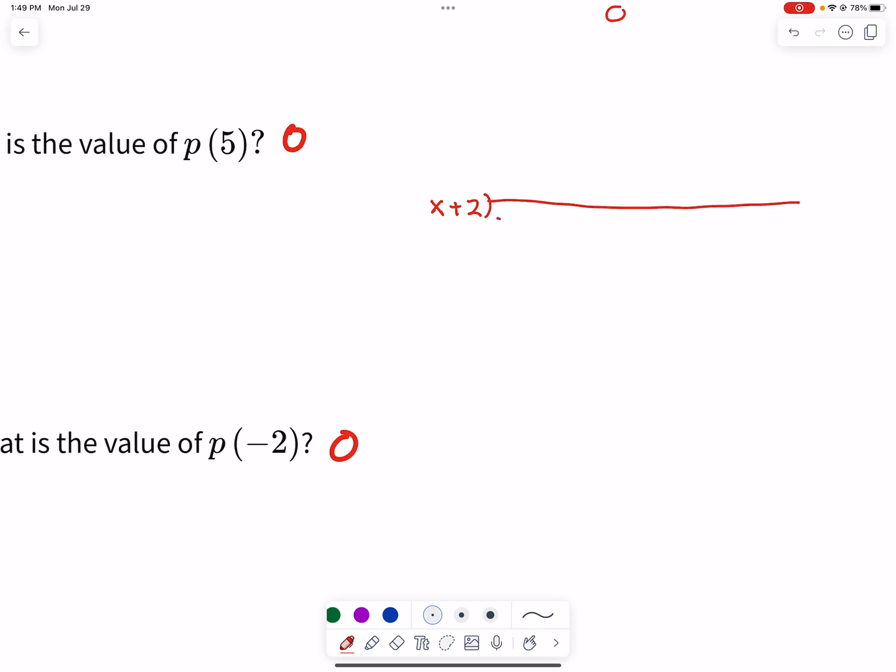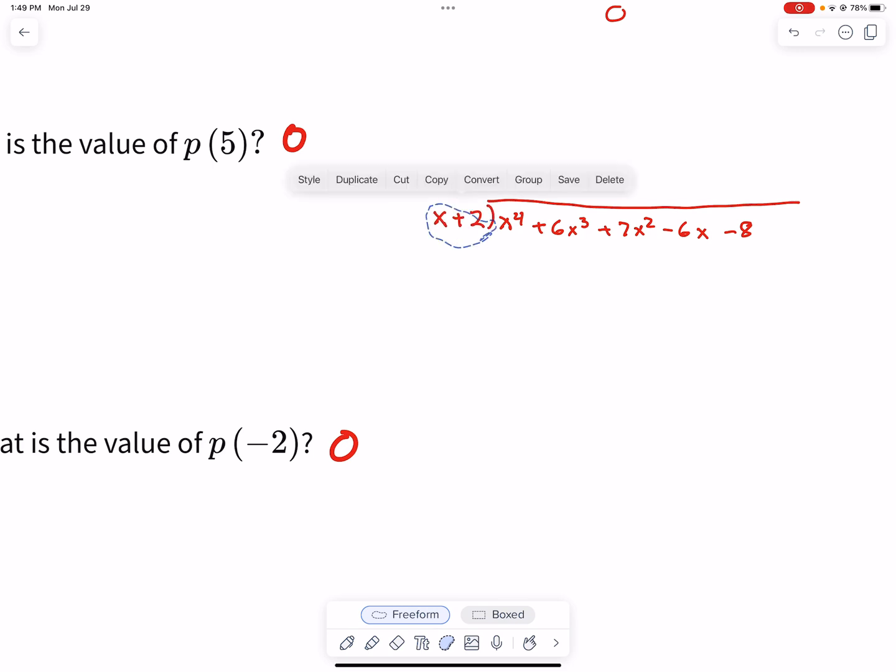That's tedious. Okay, let me just get these down. Oops, I lost the x.